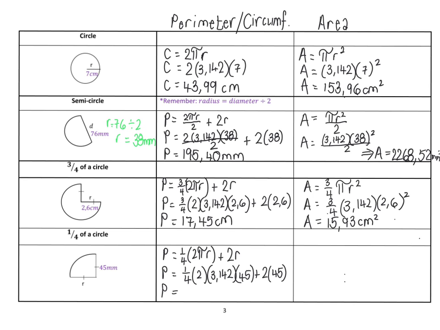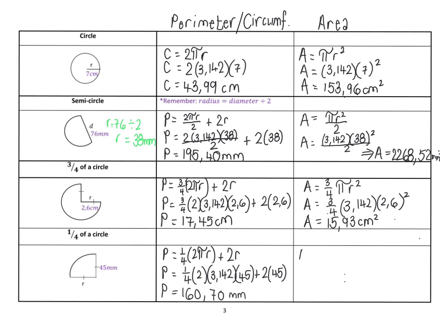And if I put that into my calculator, it gives me 160,695. So the 5 would make the 9 go up, and then the 69 becomes 70. Once again, you do not have to write the 0, and that would be in millimeters.